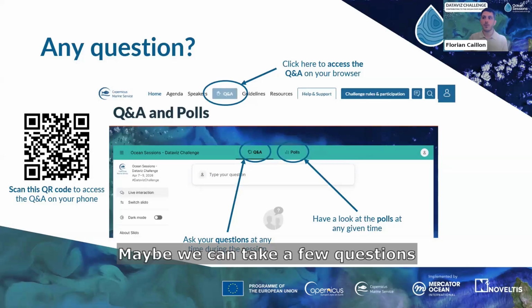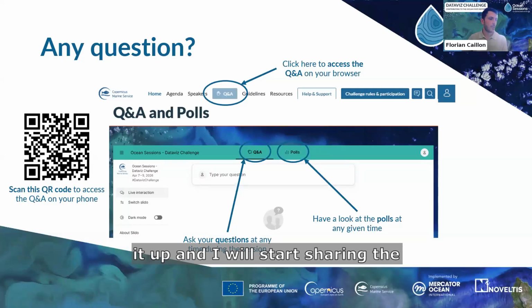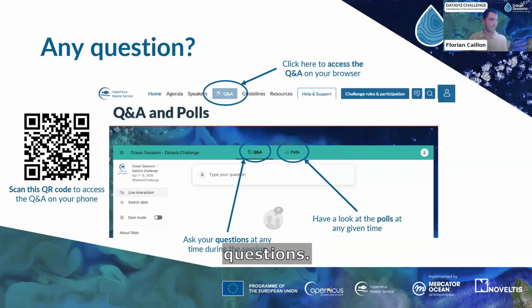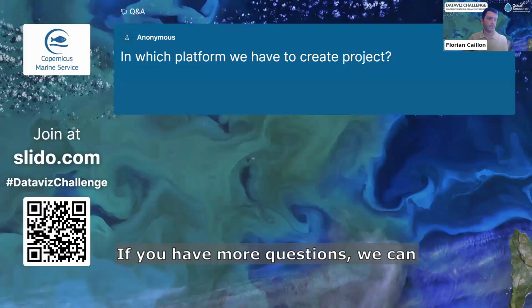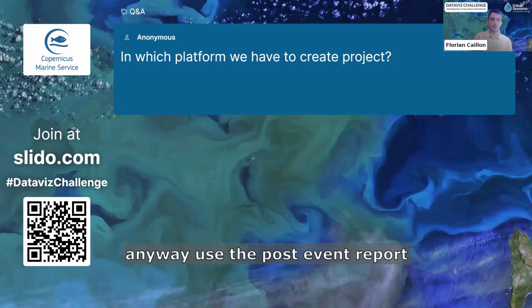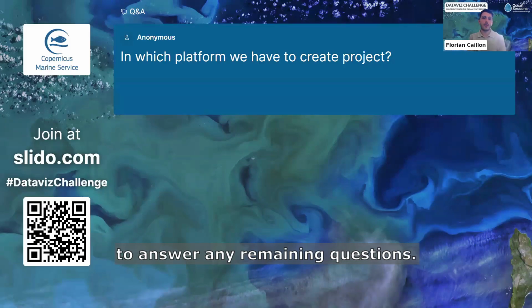Maybe we can take a few questions on the challenge before wrapping it up. I will start sharing the question tab if we have any questions. If you have more questions, we can anyway use the post-event report to answer any remaining questions.